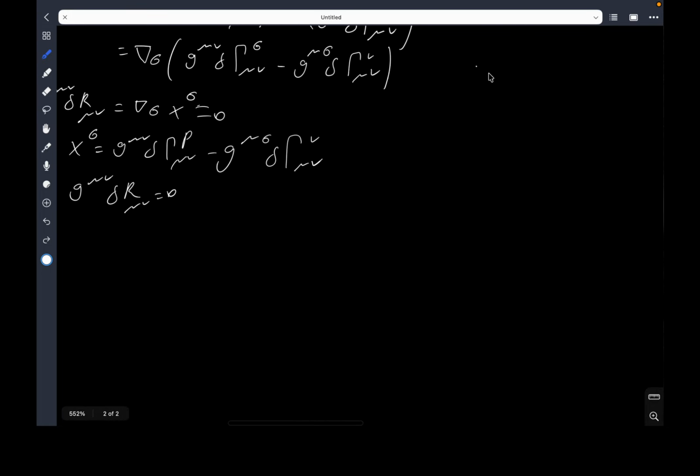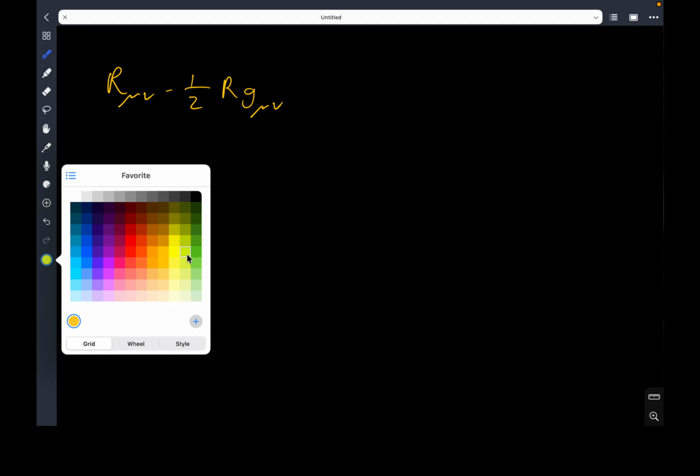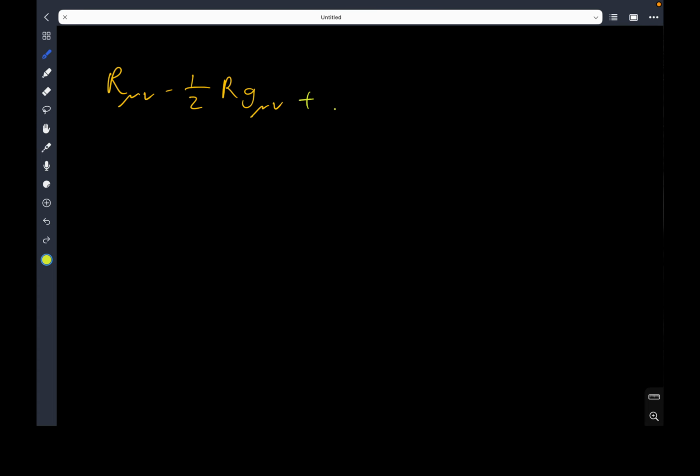So I'm going to write the full Einstein field equations here for you. R mu nu minus half R g mu nu plus lambda g mu nu is equal to 8 pi G divided by c to the 4 T mu nu, which is the energy and matter here.